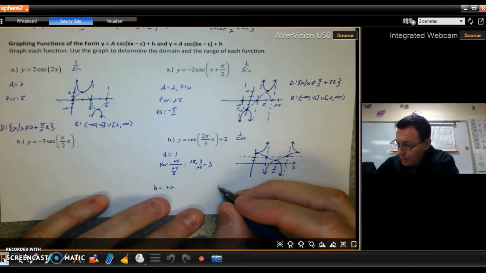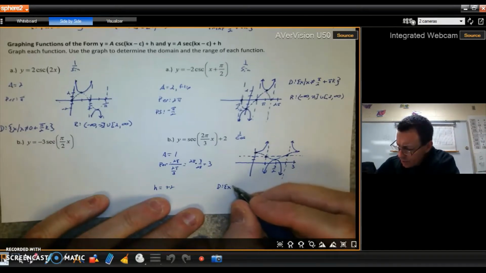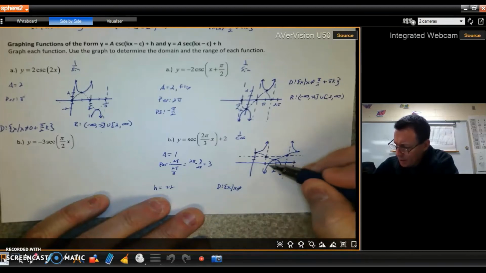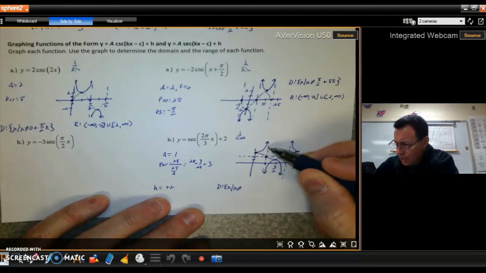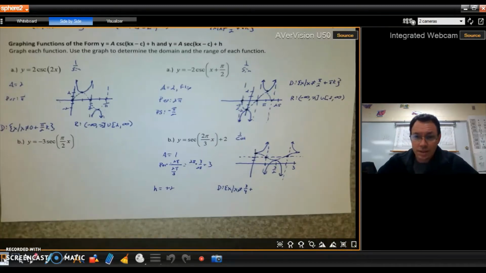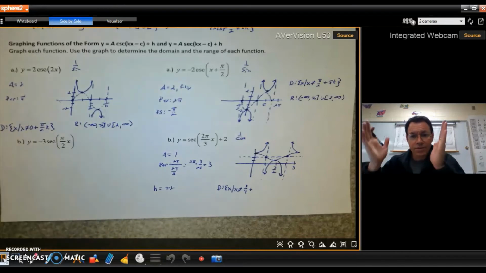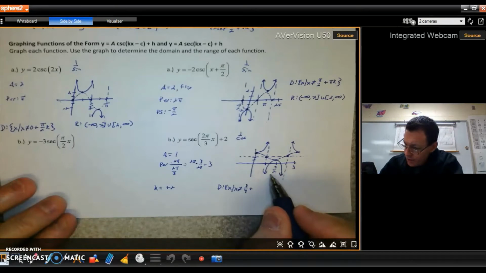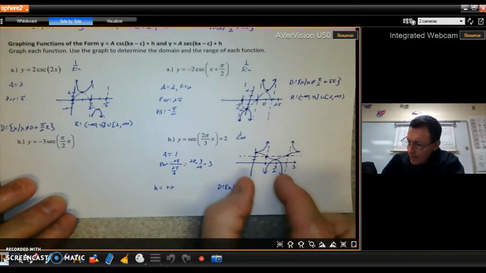Again, the domain: pick a vertical asymptote. So it's all x's such that x is not allowed to equal, so what do we say this was? 3/4. So can't equal 3/4. And then plus multiples of what? Well, our entire graph is 3 wide. This is 3 halves, and that's the gap.